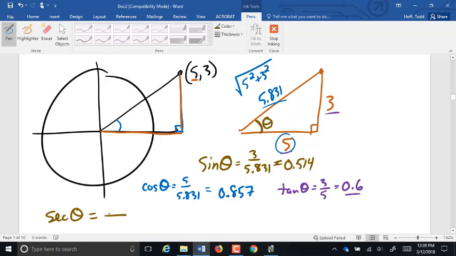Secant of theta. Hypotenuse over adjacent. Very good. So that's going to be 5.831 over 5, or 1.166.